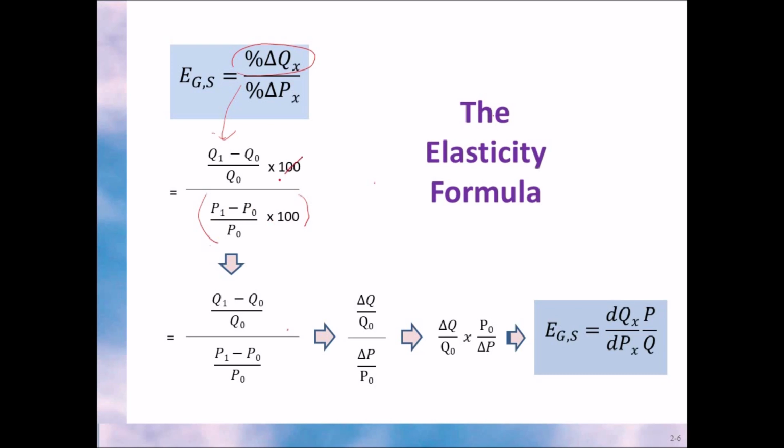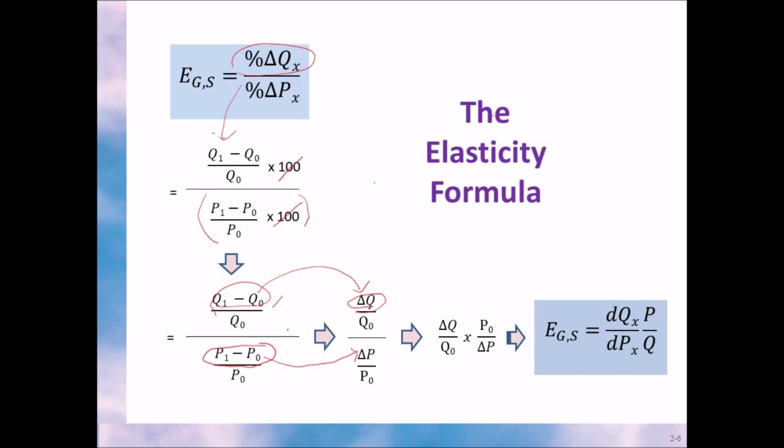Because this is 100 and 100, we can cancel these two, and it becomes simplified like this. The Q1 minus Q0 is actually the same with change in Q, so we can write as change in Q over Q0 divided by, P1 minus P0, which is actually the same with change in P.